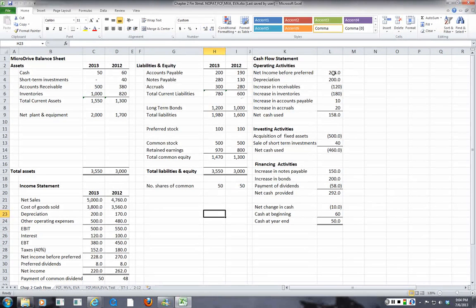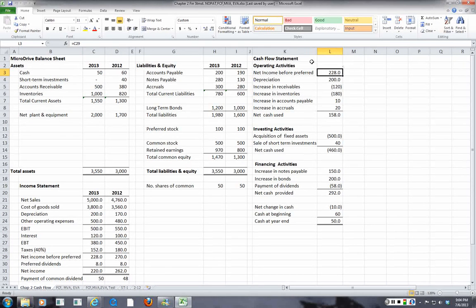Having said all that, the one thing I want to make clear is that the cash flow statement gives us a lot of information about how this company finances its operations, where the money comes from, where it's invested, and how all that strengthens the company.